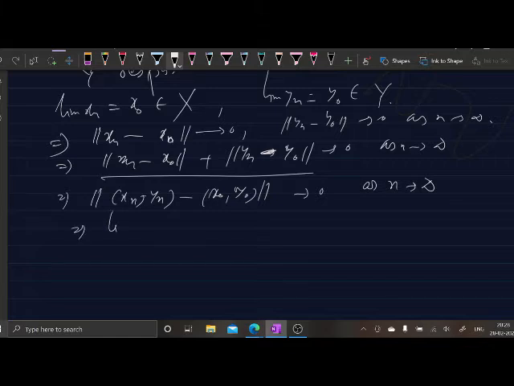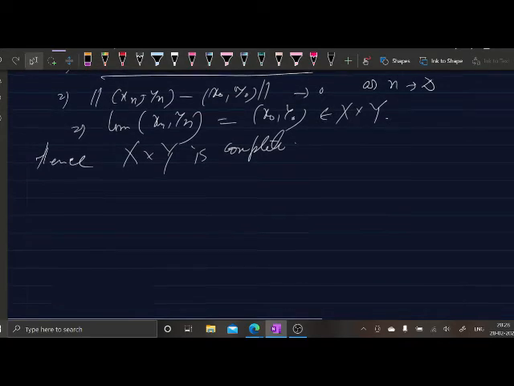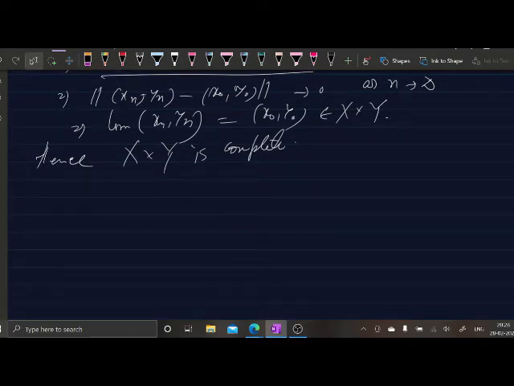So that means the limit of (xn, yn) is (x naught, y naught), which is in X cross Y, and this shows that this Cauchy sequence converges. Hence, with respect to the norm defined above, X cross Y is complete.